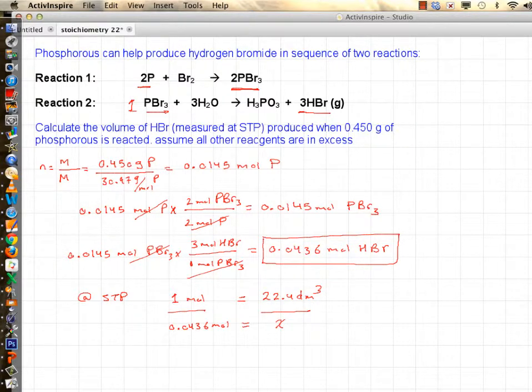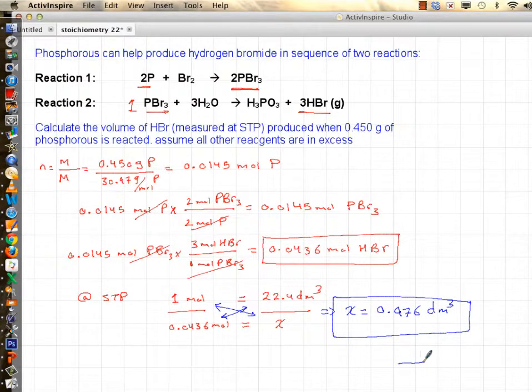Then again we cross multiply, and that's our final answer. So these two numbers multiplied is equal to 1 times x, which is x, and x happens to be 0.976 dm cube of space. Final answer.